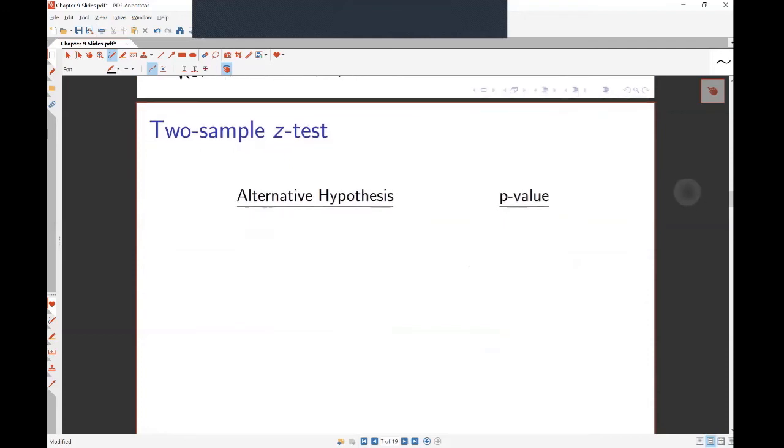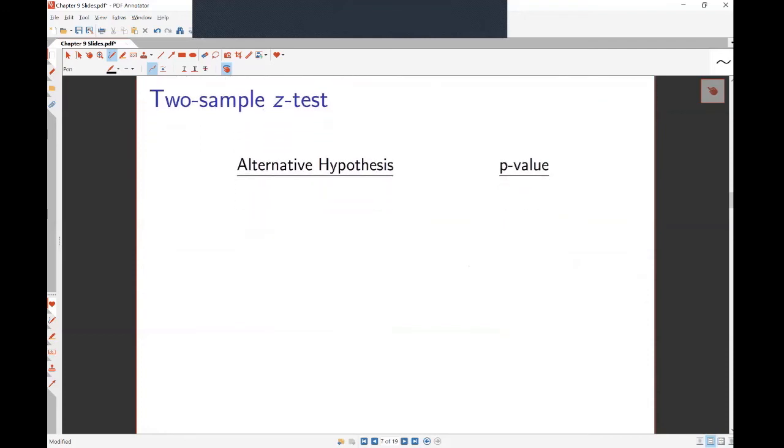So I'm briefly going to summarize here the formulas for the p-value, but these should look very familiar because they're not going to deviate from how we constructed them in the one sample setting.